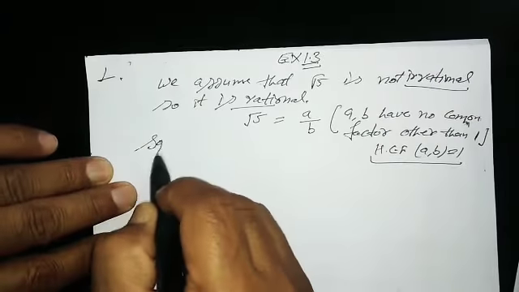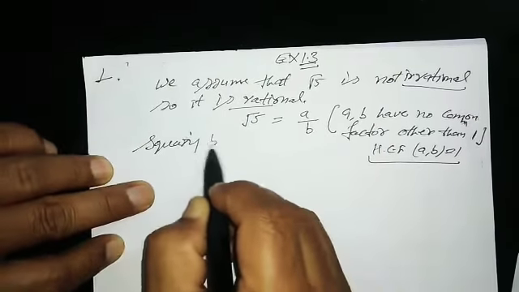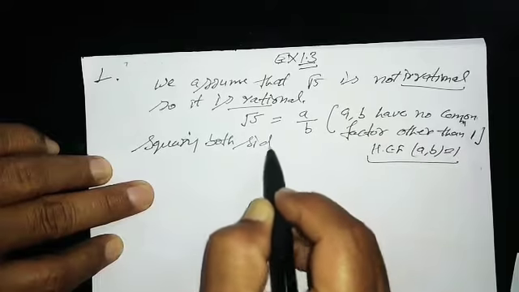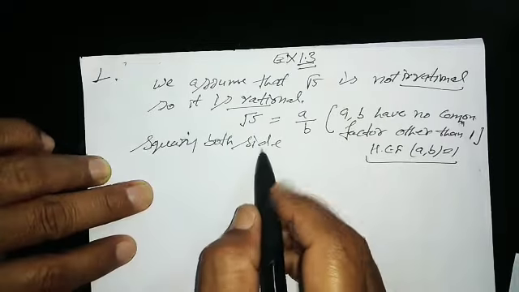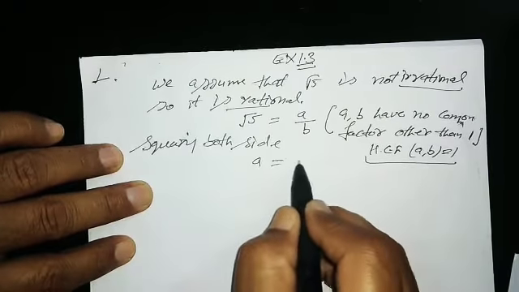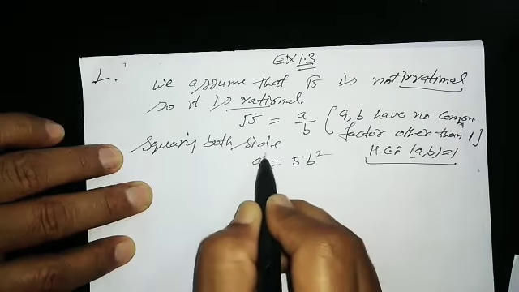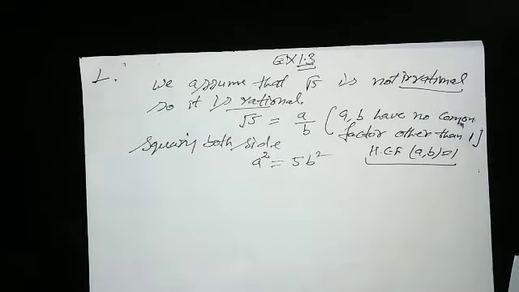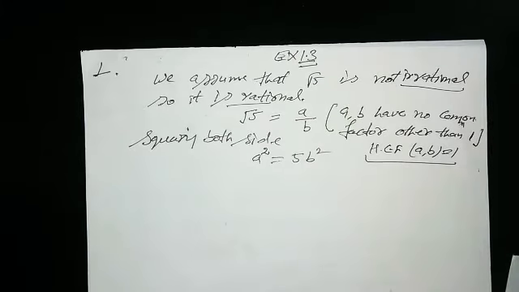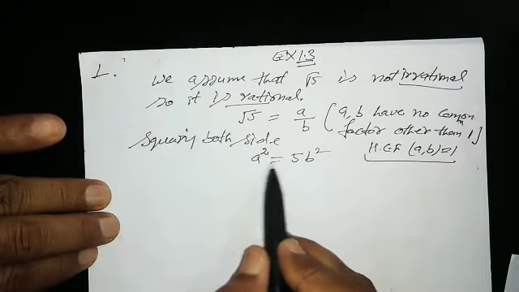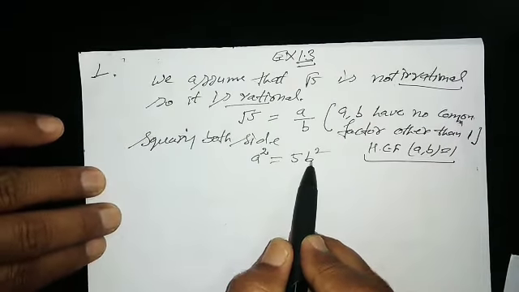So the next step is squaring both sides. Squaring both sides, you will get a square equal to 5b square, right? I have cross multiplied, and we will get that a square is equal to 5b square, right?